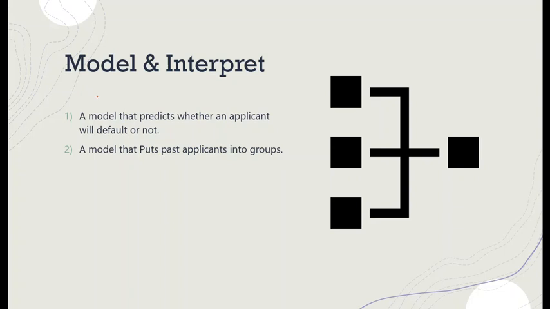The models we are going to create are, first, a model that predicts whether an applicant will default or not. So simply, we want to train a machine learning model, all right, that can accept some characteristic values of the applicant, and then produce a judgment or a class, which is whether the applicant will default in the future on the payment or not.